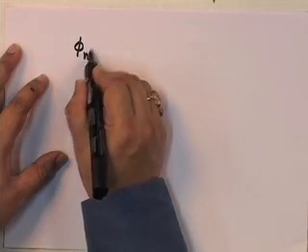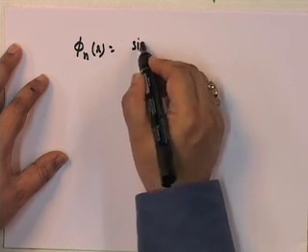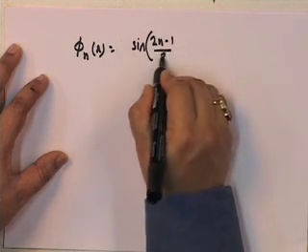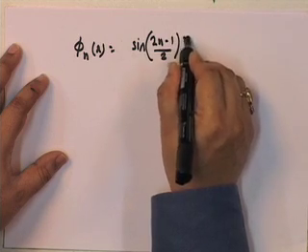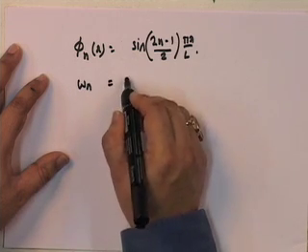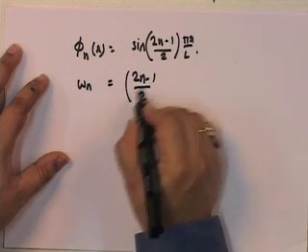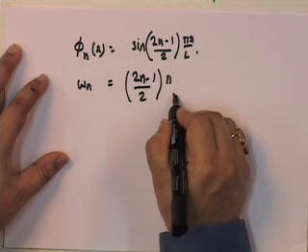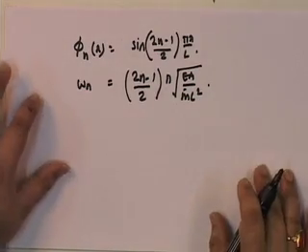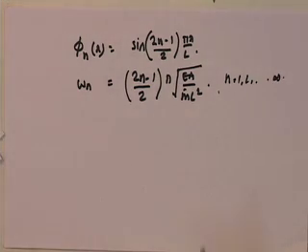Phi n of x is equal to sine of (2n minus 1) upon 2, pi x upon L, and omega n is equal to (2n minus 1) by 2 pi times the square root of EA upon m bar L squared, and this is for n equal to 1 to infinity.